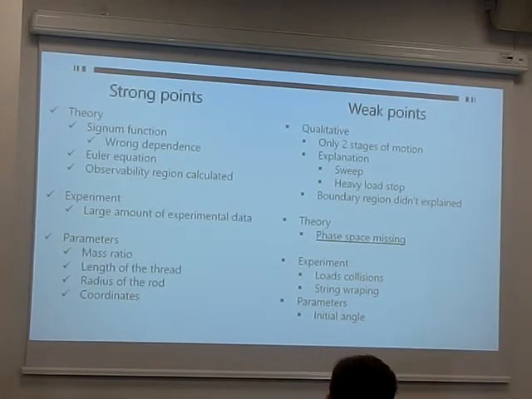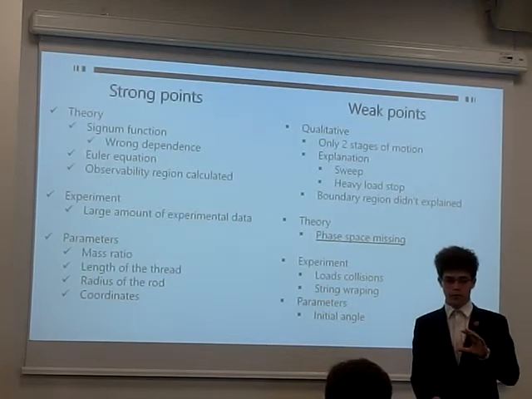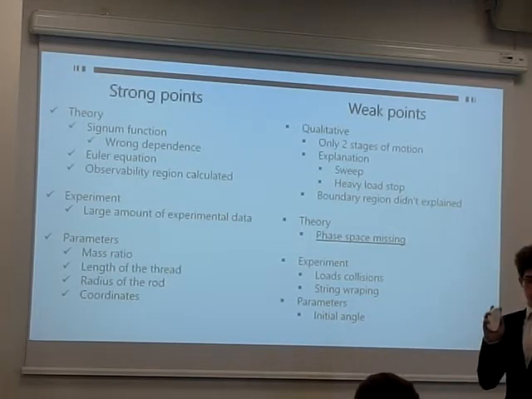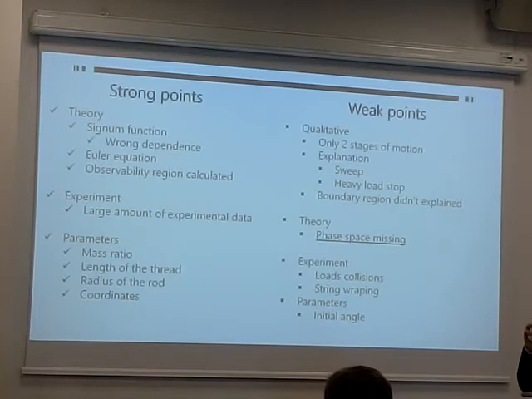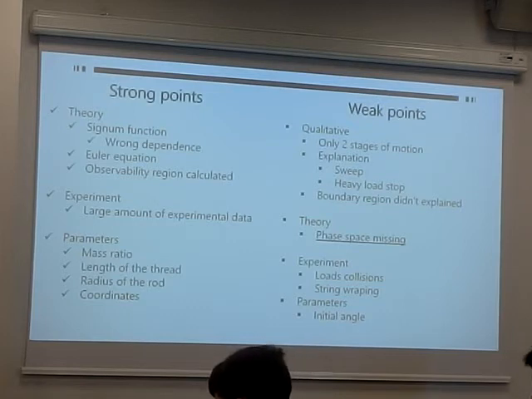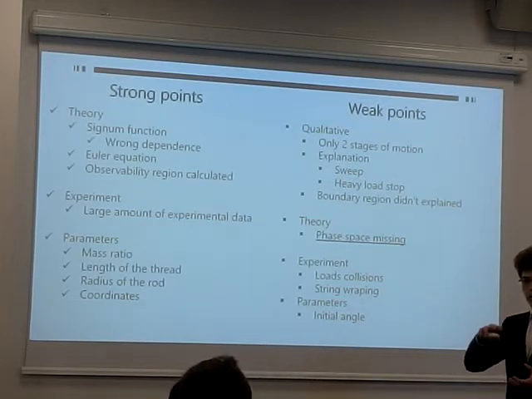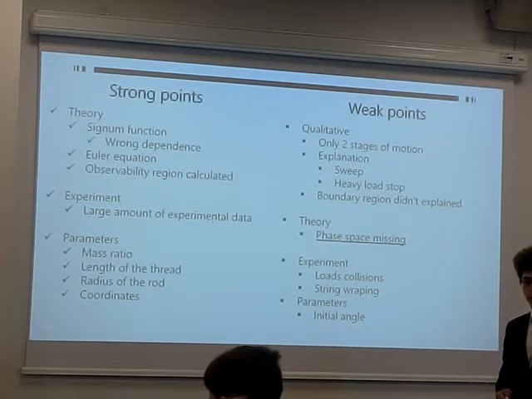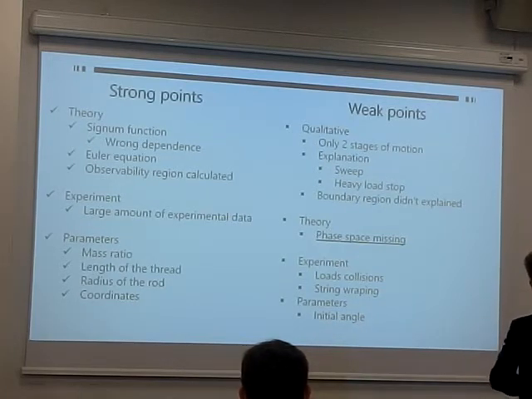The reporter used the sigma function to define the dependence between the thread tension forces. But I quite disagree that inside the sigma function you look for a difference between those tension forces, but not on the velocity, which is quite crucial because when you have a friction force, it is directed opposite to the velocity.